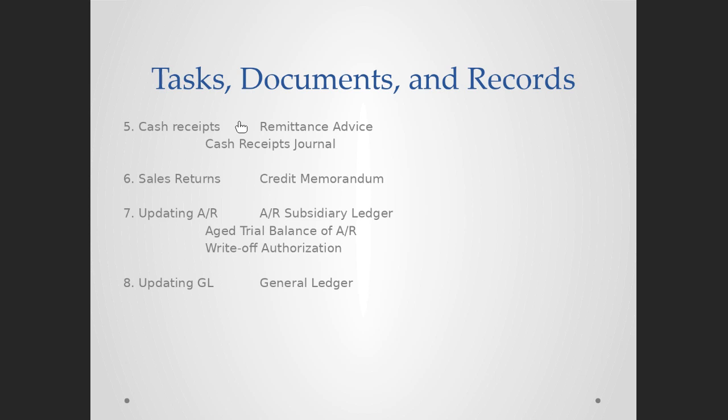Once remittance advice is received, you record an entry in the cash receipts journal, which is debit to cash and credit to accounts receivable. So this is recorded once the remittance advice is received. This is step number 5.